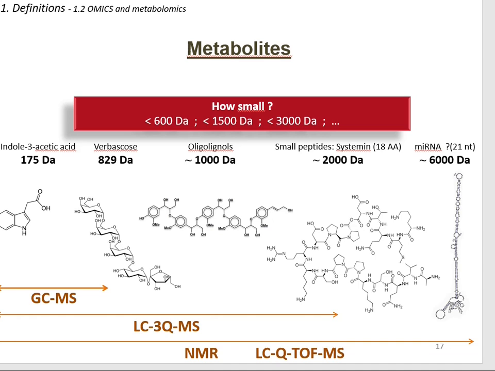So this is to show you that, well, the limit between a small molecule and a macromolecule, we know what is a macromolecule. We call them proteins and nucleotides. But there are many compounds that are of high molecular mass, but are not really involved in what we call metabolism.